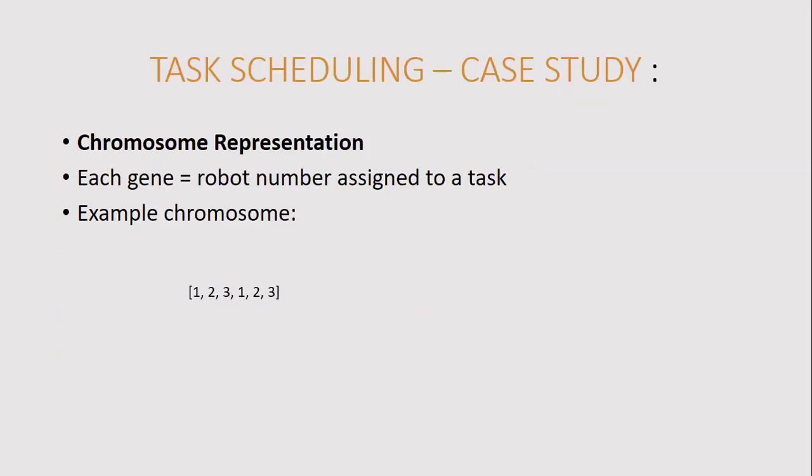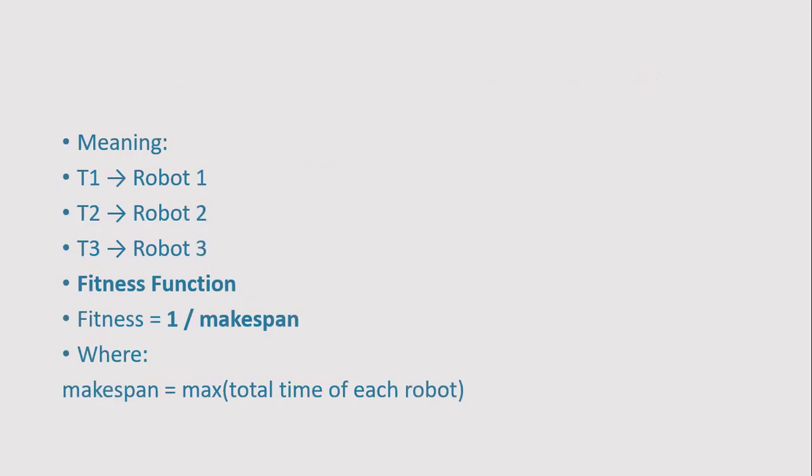In the previous slide, they are given 1, 2, 3 and repeatedly 1, 2, 3. This clearly represents T1, T2 and T3. Each assignment of a task represents the use of an individual robotic manipulator in the respective assembly work cell.